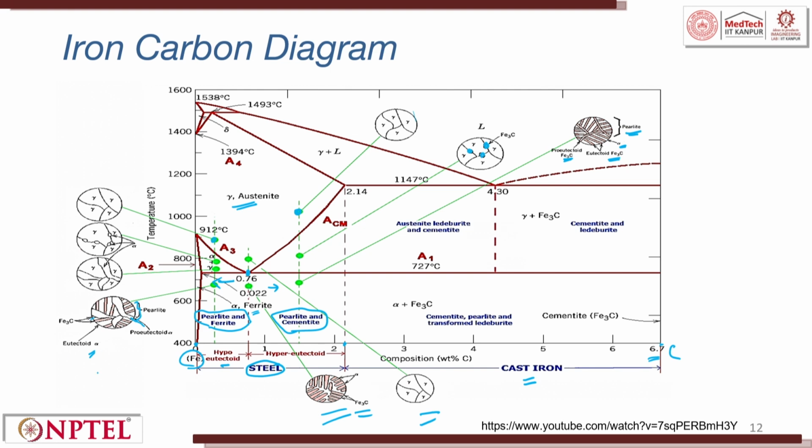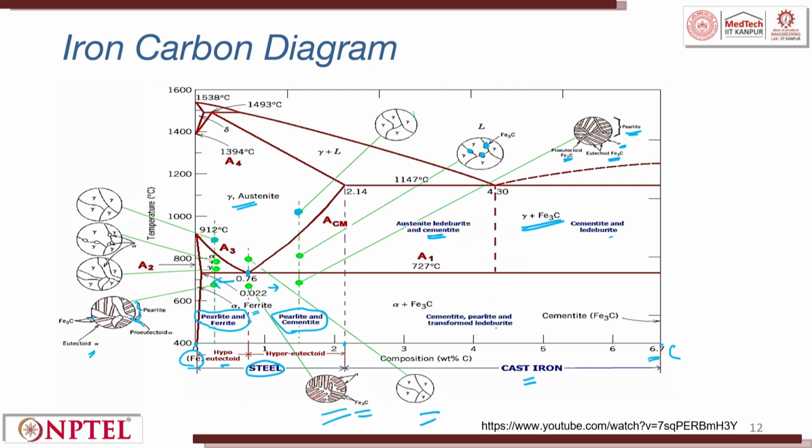In this diagram, by changing the composition of carbon in iron, you get varying compositions. If you look at this zone where gamma and Fe3C are there, you have cementite and ledeburite getting formed. Above A1 and Acm, you have austenite, ledeburite and cementite getting formed.